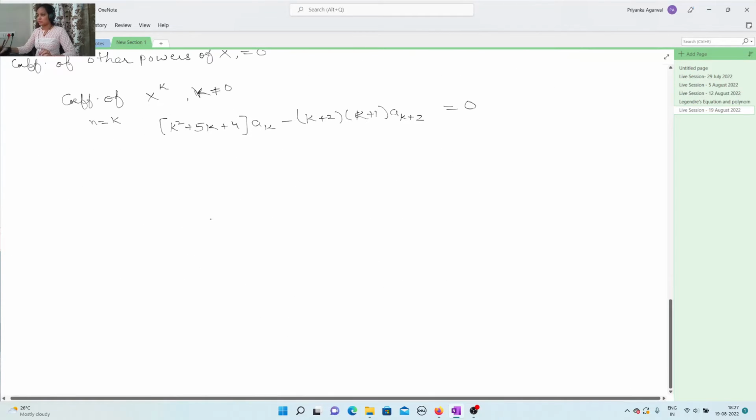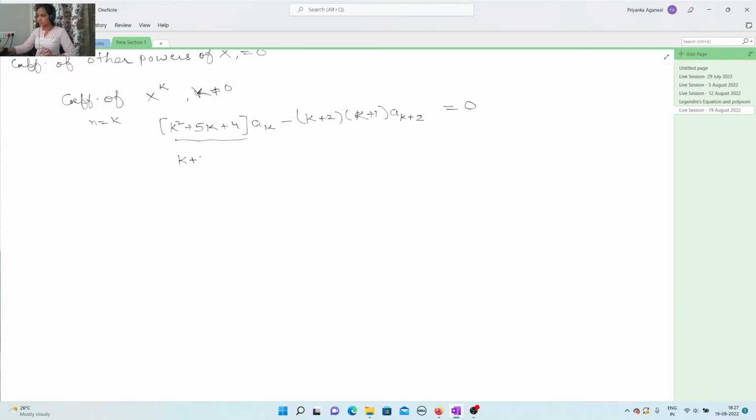Okay, so now we can write k squared plus 5k plus 4 as k plus 4 into k plus 1, right? This can be written like this. So k plus 2 into k plus 1, a k plus 2 equals k plus 4 into k plus 1, a k. So this gets cancelled.